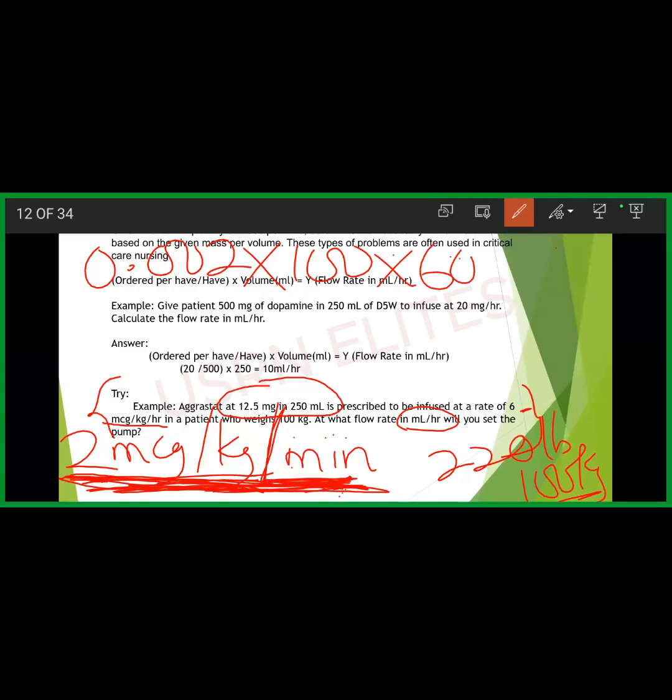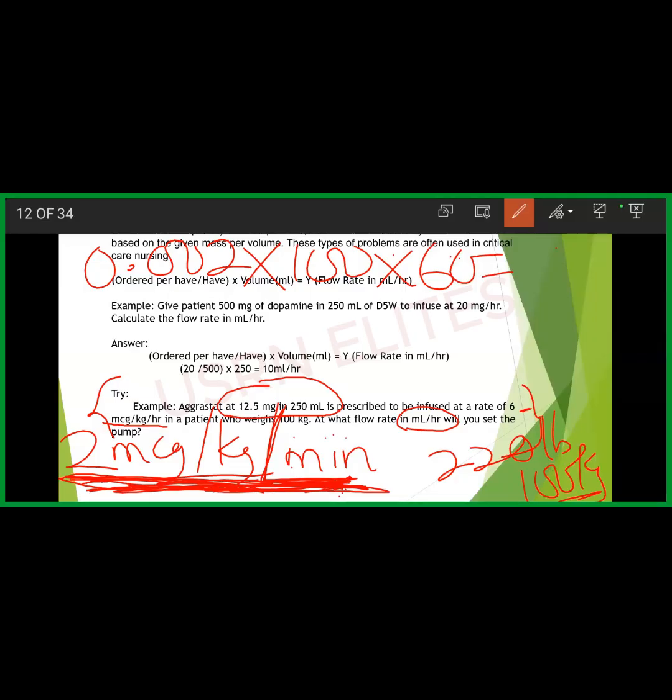So when you do this, what will you get? This one will be 0.2. 0.2 times 60 will give us what? Or 6,000 times 0.2. Are we getting 300 or 3,000?